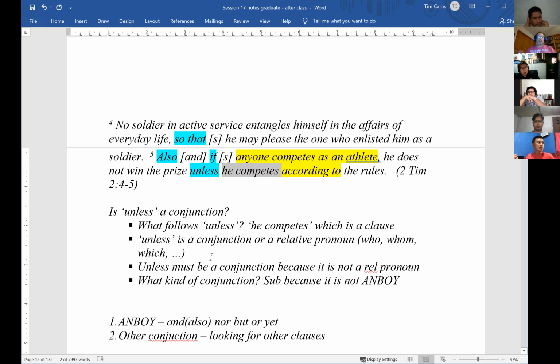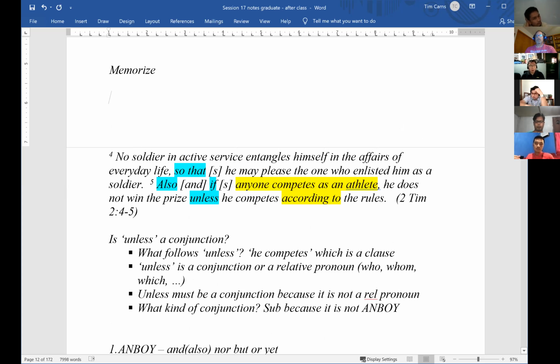That tells me it must be a conjunction or a relative pronoun. I memorize the relative pronoun list, and by the way, that's what I'm going to tell you to do later when we do relative pronouns. There are 3 groups of things you should memorize that will help you tremendously in this whole process. The first is to memorize amboy. That helps you with the conjunctions.